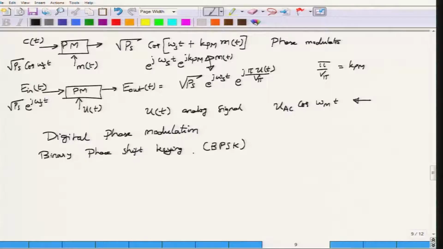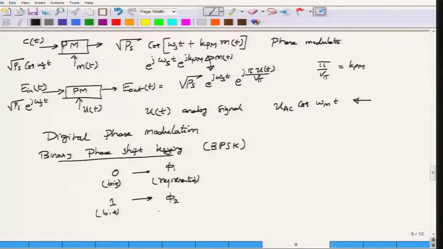What is the point of binary phase shift keying? Well, if I get a 0 bit, I would like this 0 bit to be represented as phase phi 1. If I get a bit 1 at the input, I would like this to be represented as phase phi 2.